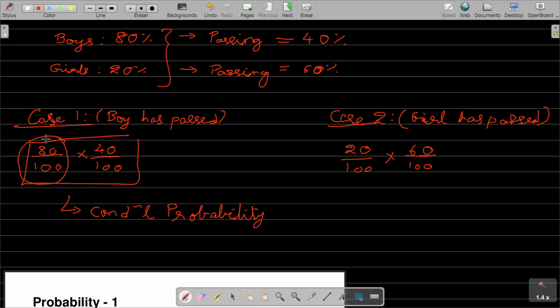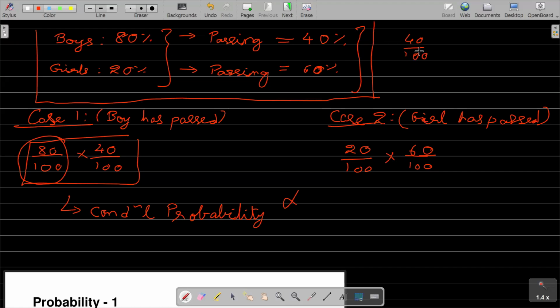This is something very important to understand in a very practical sense. Imagine, had I not given you this question, had I asked you in this set, what is the probability that a randomly selected student has passed if the student was a boy? Just giving you this data, a lot of you would have told me the answer is 40 by 100, which is wrong.